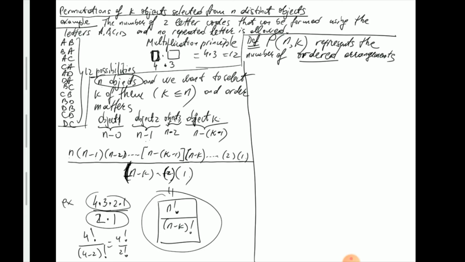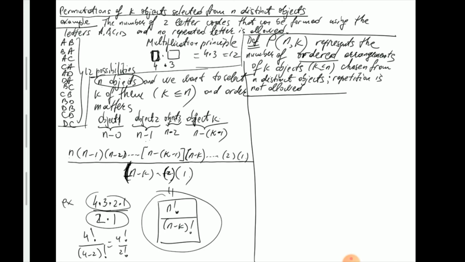So ordered arrangements of k objects, k less than or equal to n, chosen from n distinct objects, and repetition is not allowed. So you cannot choose an object more than once. And the formula that computes the permutations, as we established already, is n factorial divided by n minus k factorial.